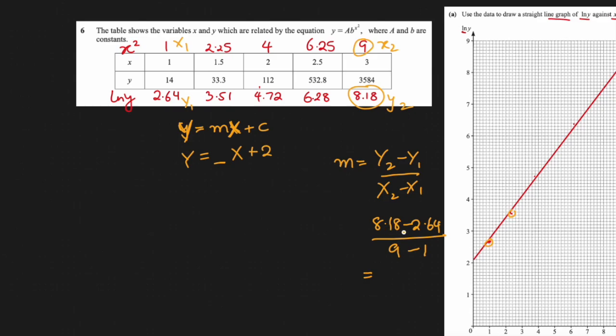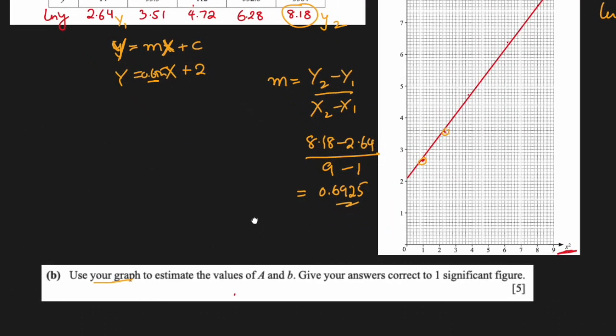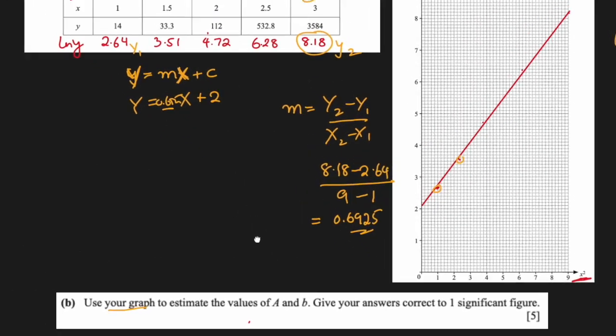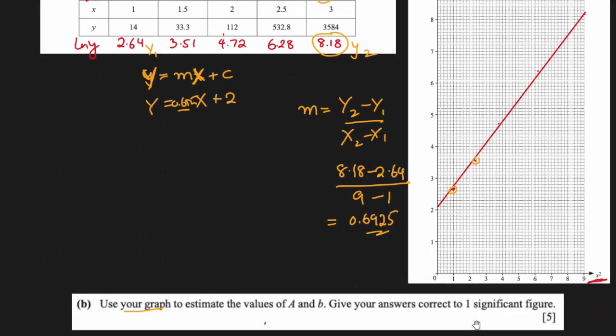Okay, what I'm getting here is about 0.6925. So this becomes 0.6925. But that was not our question. Our question was find the values of A and B, and we have to write them to one significant figure.